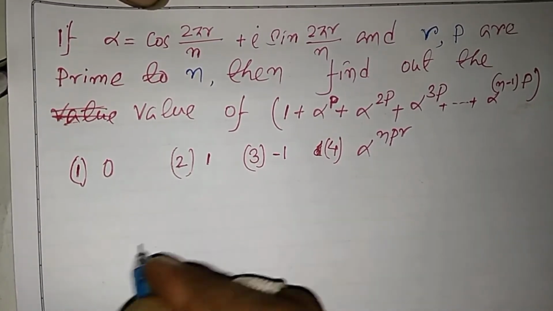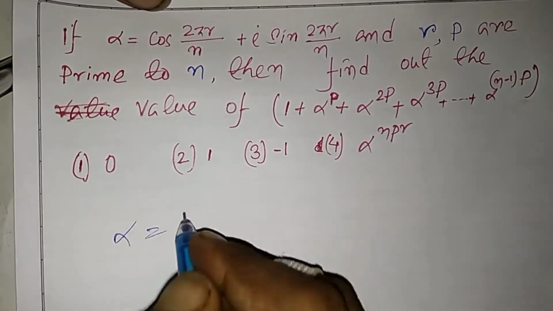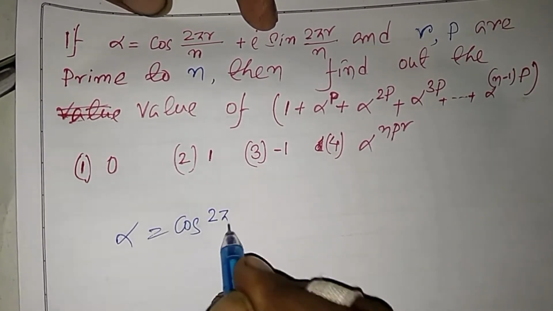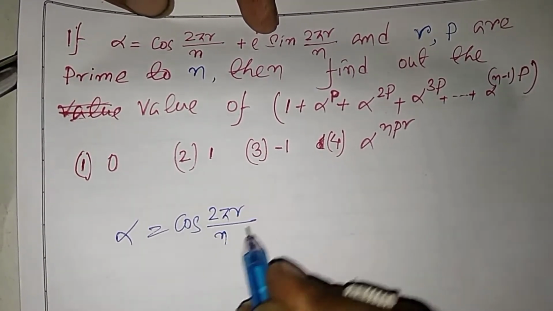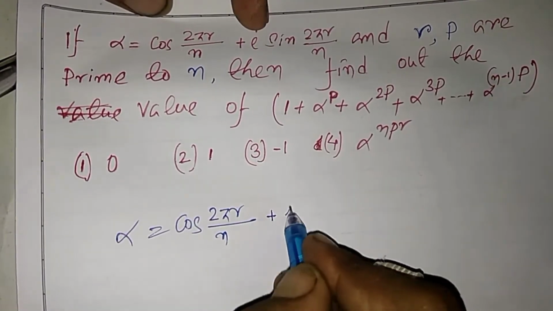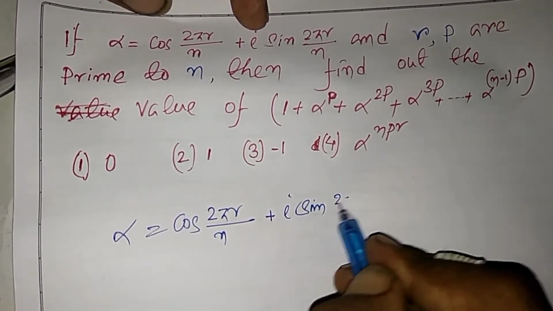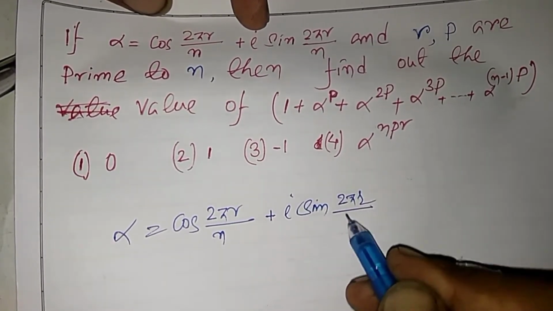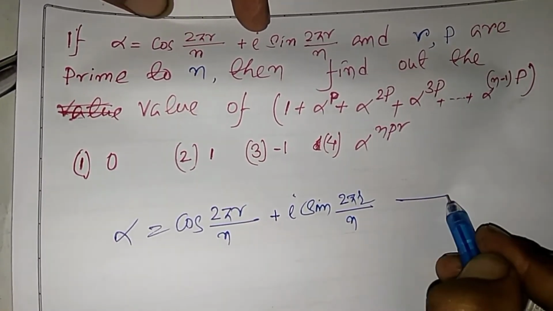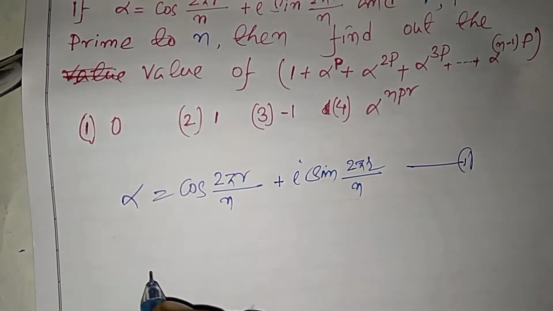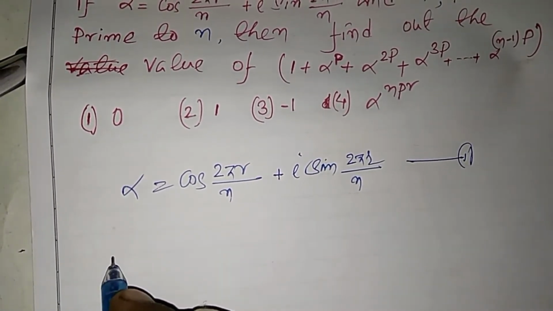So alpha equals cos 2 pi r upon n plus iota sine 2 pi r upon n. I call it equation 1. Now I will write the problem here.